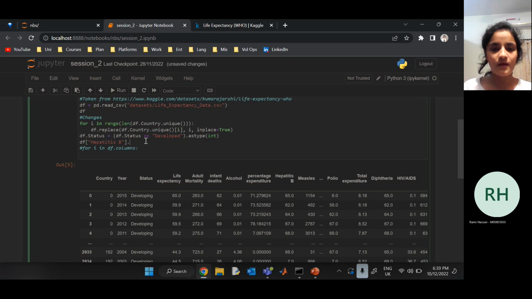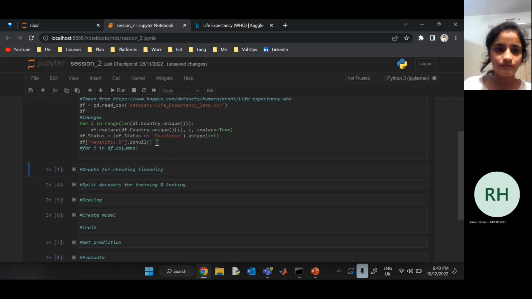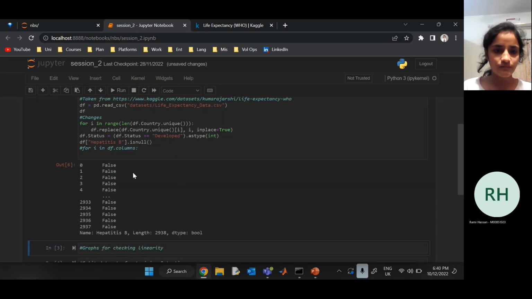So let me see if it has null values. So .isnull. This is going to give me true or false. If it is null, it'll be true. It'll give me a list of true and false. If it is false, then it means there's some value there. If it's true, it means there is a null value there. I can't really see this, so let me use .unique again so I can see whether it has a true or not. .unique.